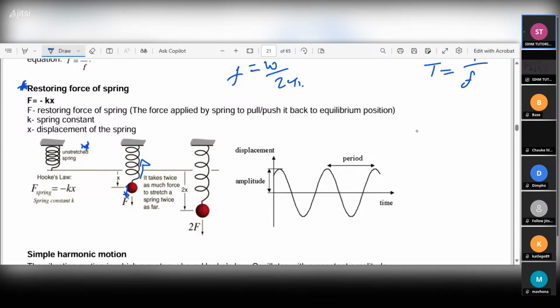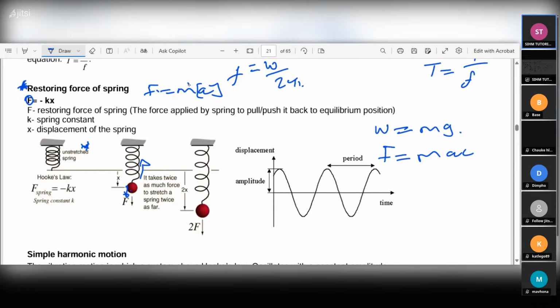As you know, here we might even be dealing with the weight, which is mg, and we will also be dealing with the F. As you know, F is equal to ma. So this F here is still the same as ma. So you might even be required to calculate the acceleration of a mass.